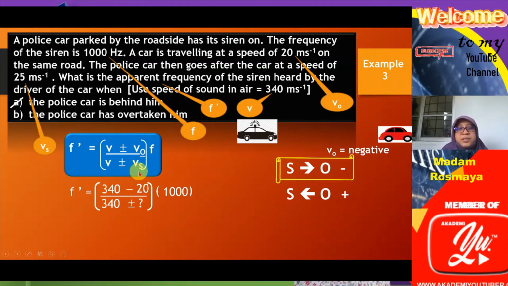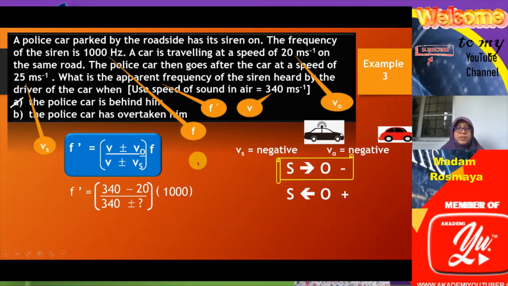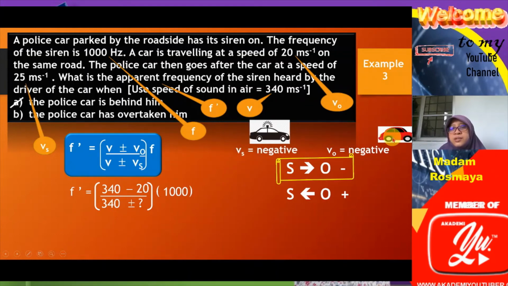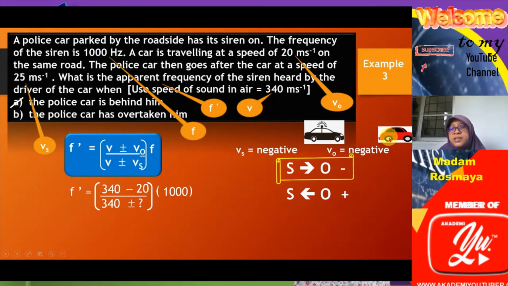Okay, next for the source. Sorry, we are still on question A, not B. The police car is behind him, chasing the car. So the source is moving towards the observer, because the policeman is chasing the car.